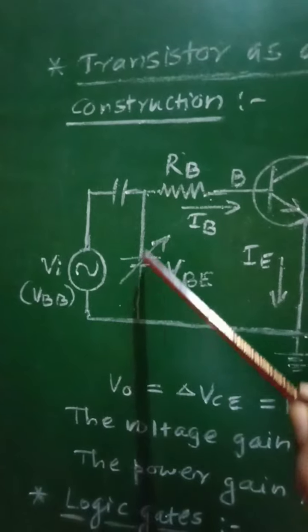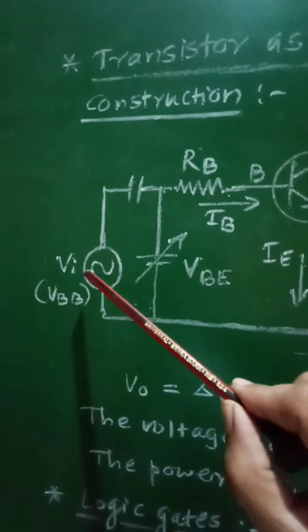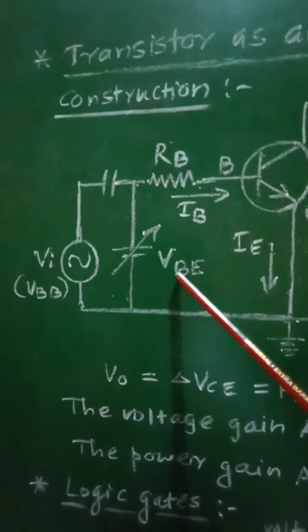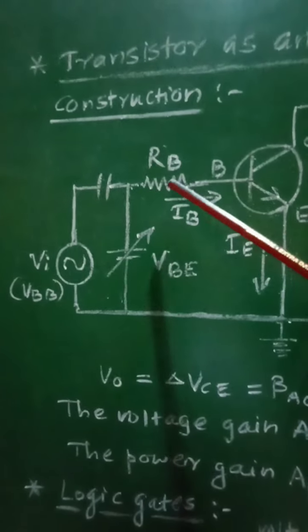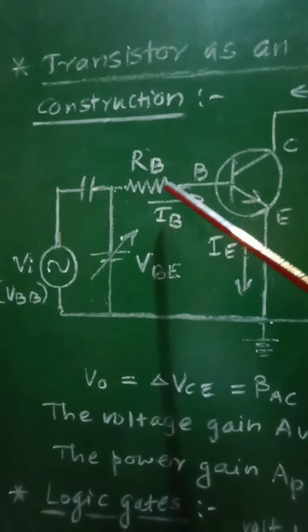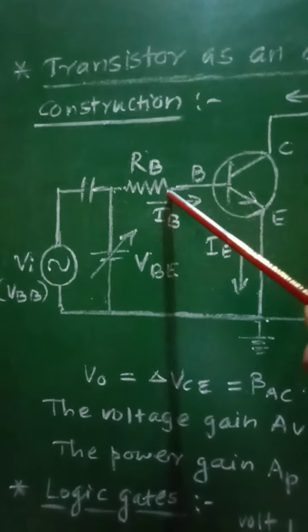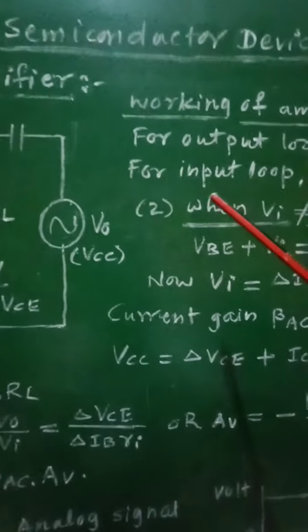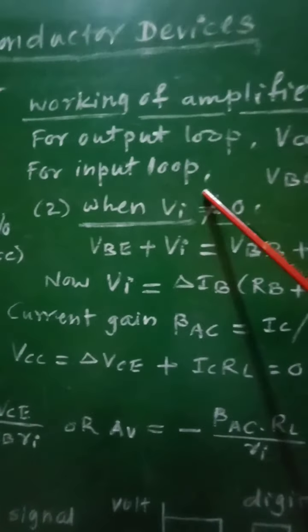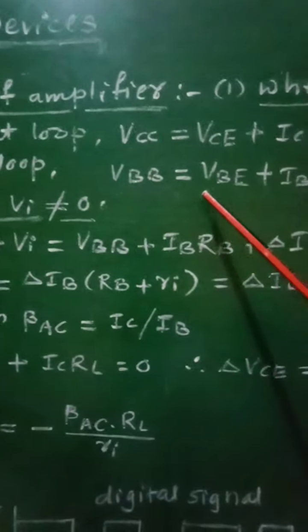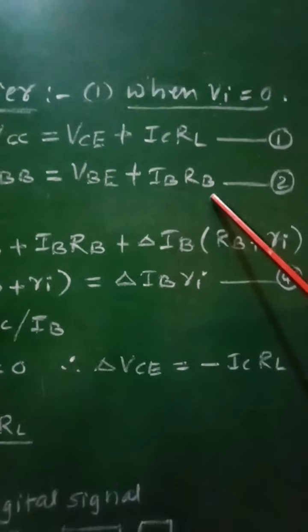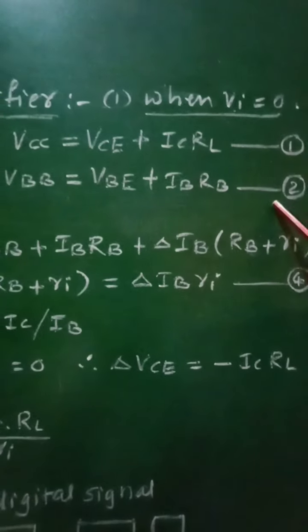So for this input loop, the potential VBB is equal to the sum of VBE plus the potential across the base resistance RB, that is IB into RB. Therefore for the input loop we can write VBB equals VBE plus IB RB, equation number 2.